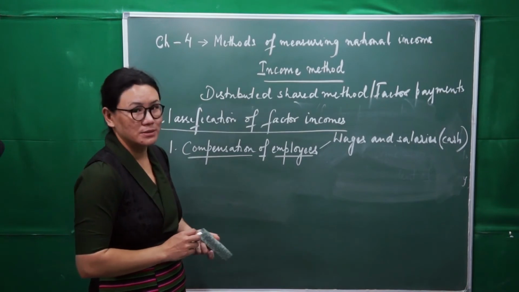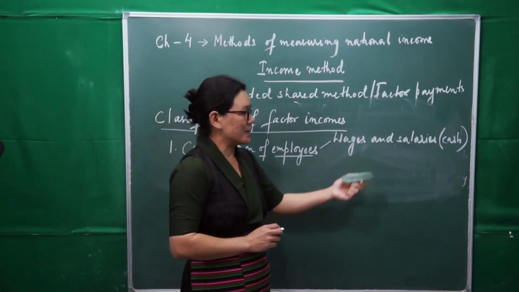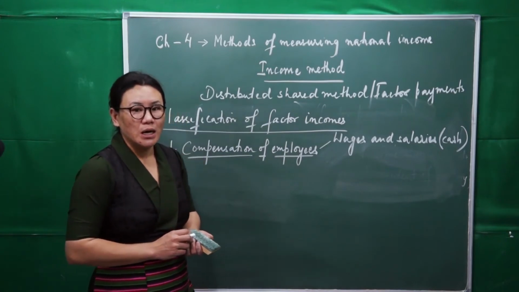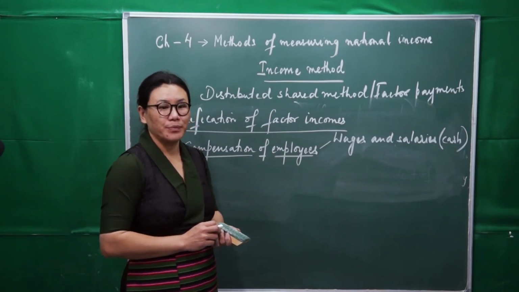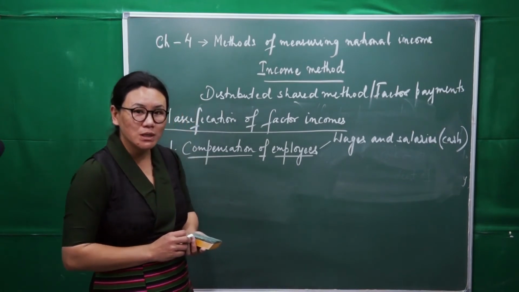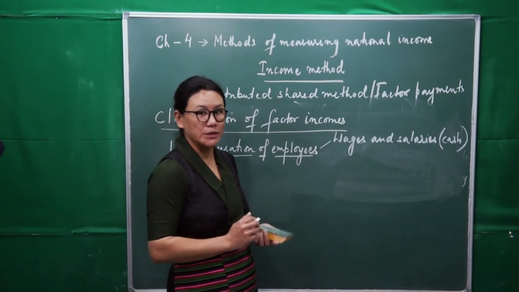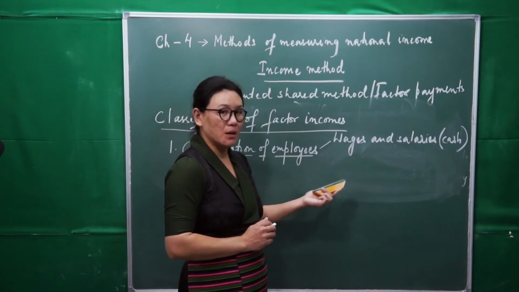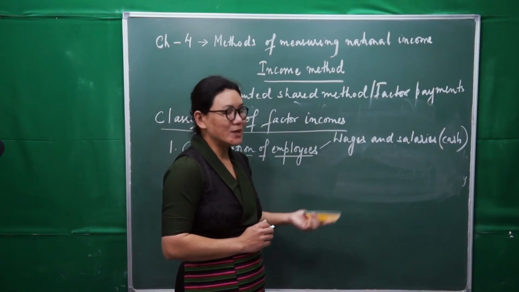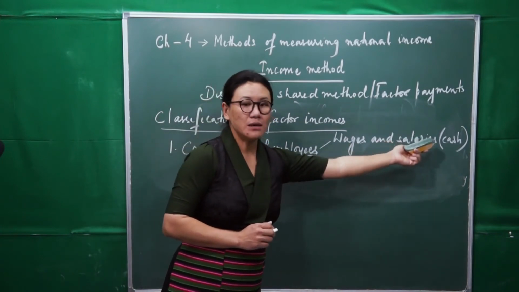Now what is this? Wages and salaries. It is a cash payment which is made to the employees for their work done during 1 year. Okay, that becomes wages and salaries. And this one is paid in cash.